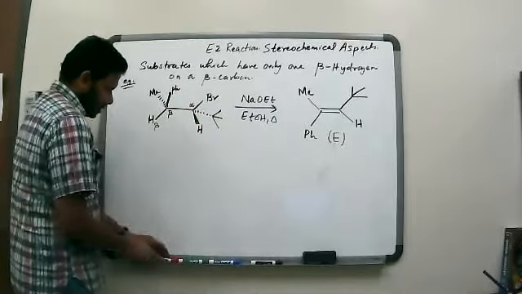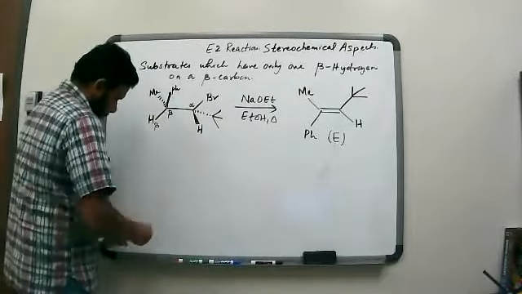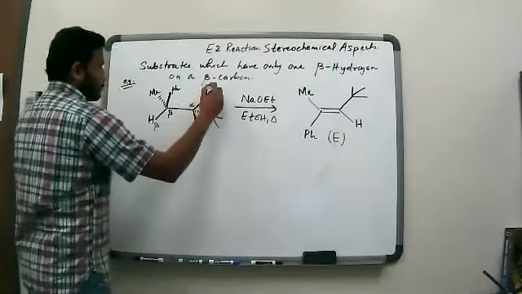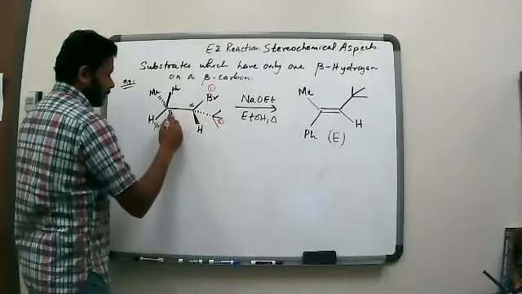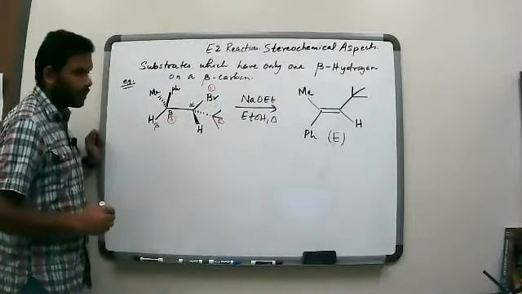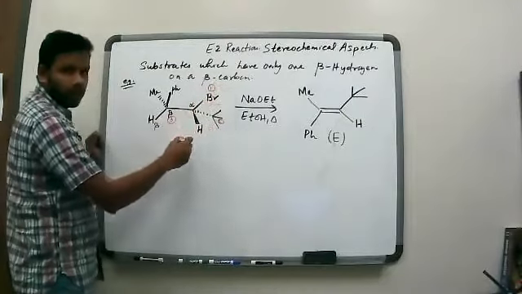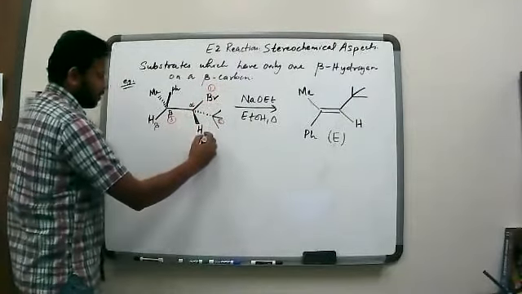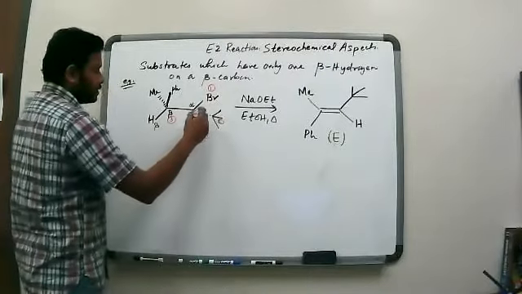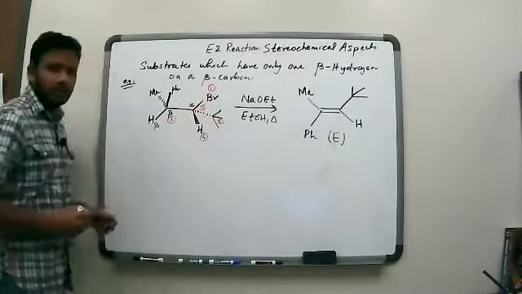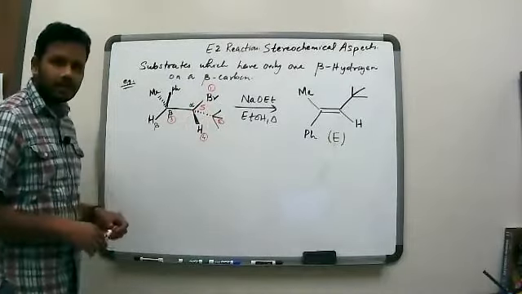So we're basically going one, 2, and 3 like that. In going from 1 to 2 to 3, this is a clockwise rotation, but the lowest priority group is pointing towards us. So that means this is an S stereocenter. That chiral center is of the S configuration.